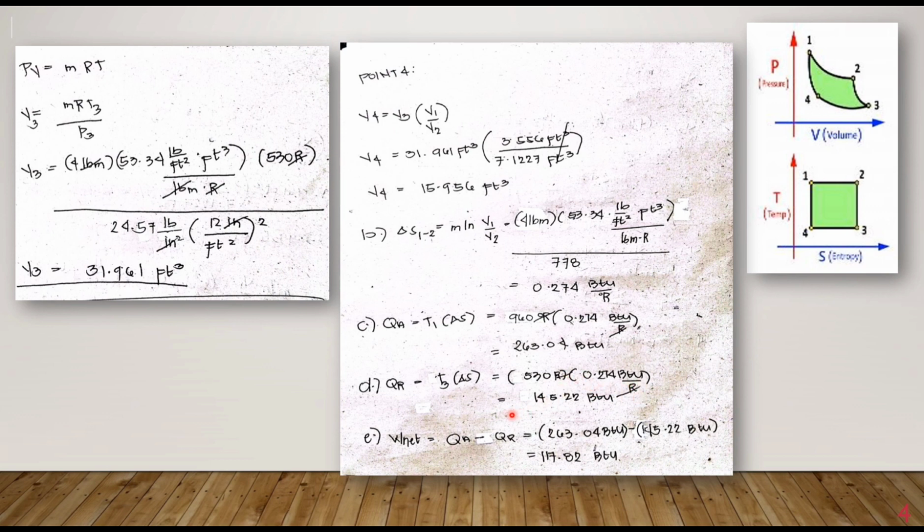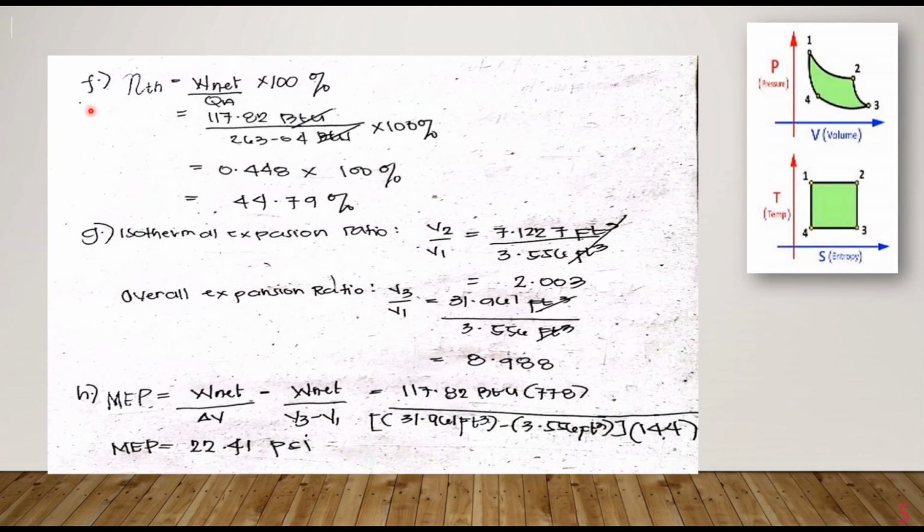So we have QR of 145.22 BTU. And for our E, W net, W net is equal to QA minus QR. So we have 263.04 BTU minus 145.22 BTU. So our W net is equal to 117.82 BTU.